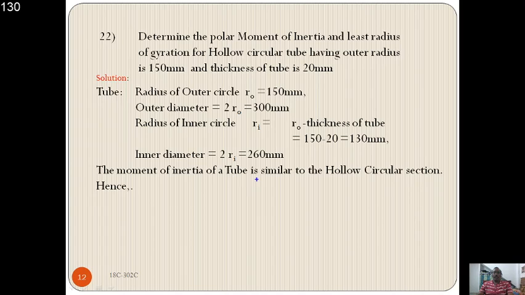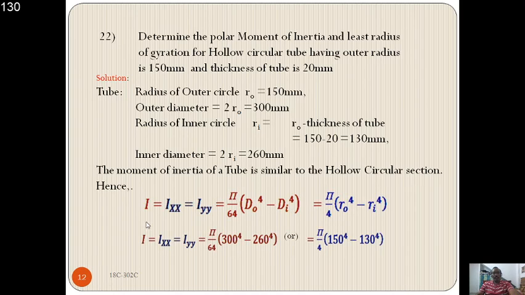The moment of inertia of a tube is similar to the hollow circular section, hence the same formula holds. Therefore, moment of inertia Ixx is equal to Iyy. If you know the diameter, you can give the formula in terms of the diameter. If you know the radius, you can give the formula in terms of the radius.